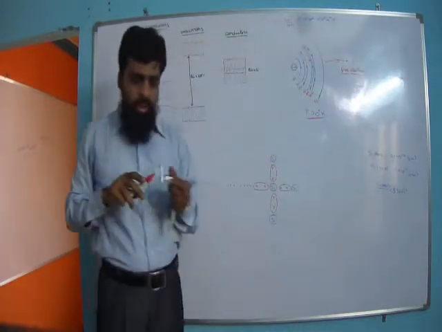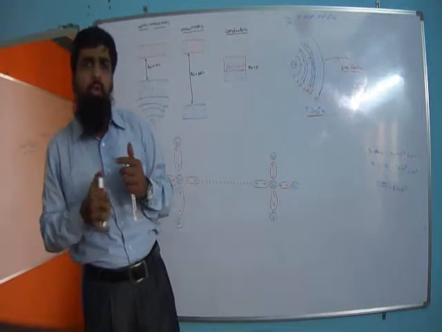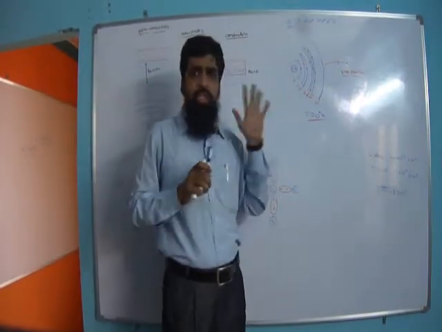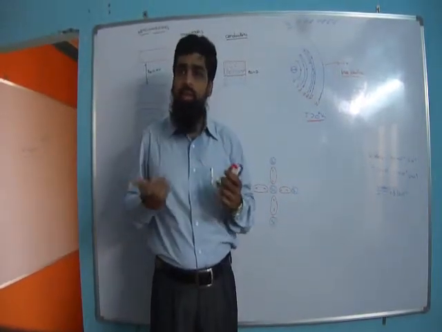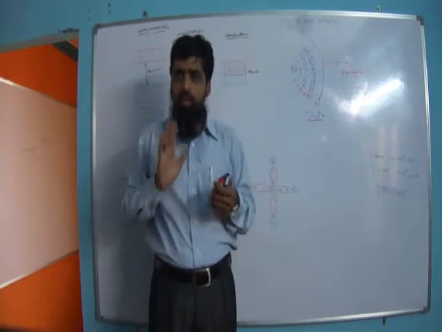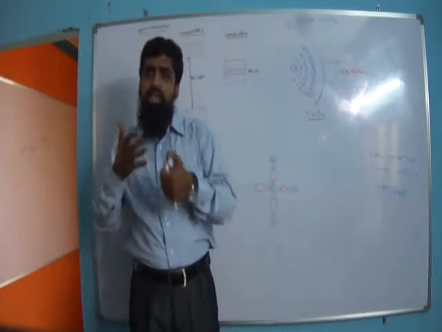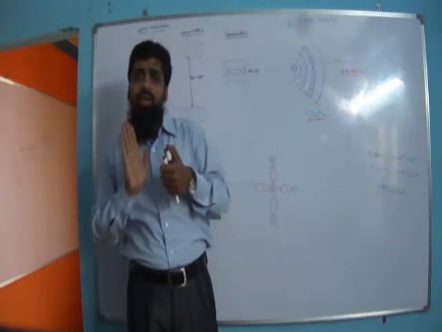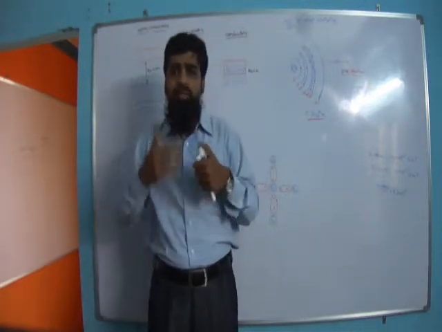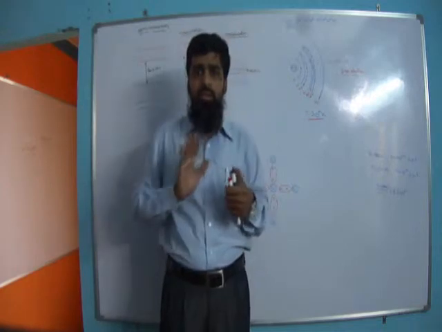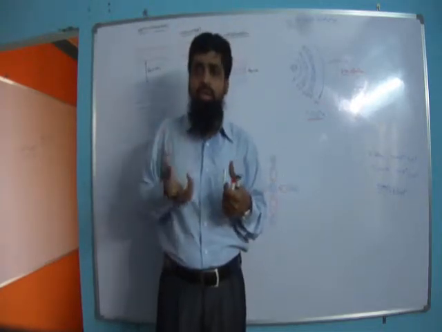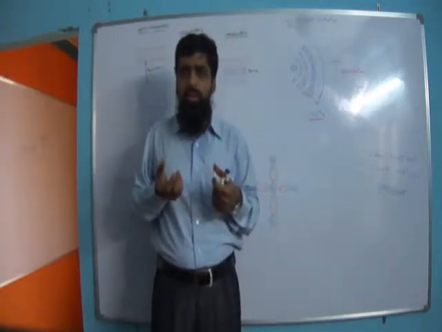Now at room temperature, each and every copper atom will donate its electron to the crystal. What does it mean? They will take the energy from the temperature and push away their valence electrons. They will donate their valence electron to the crystal. Now how many electrons do you have in copper?